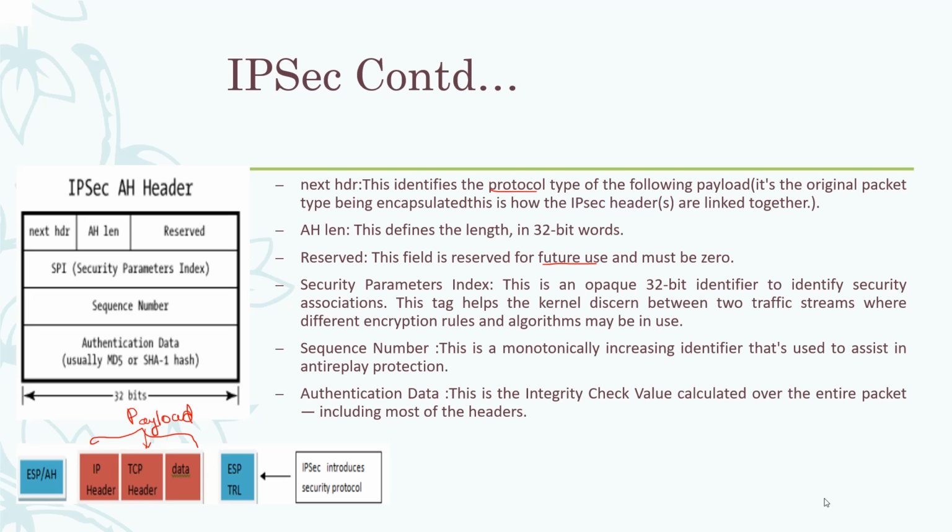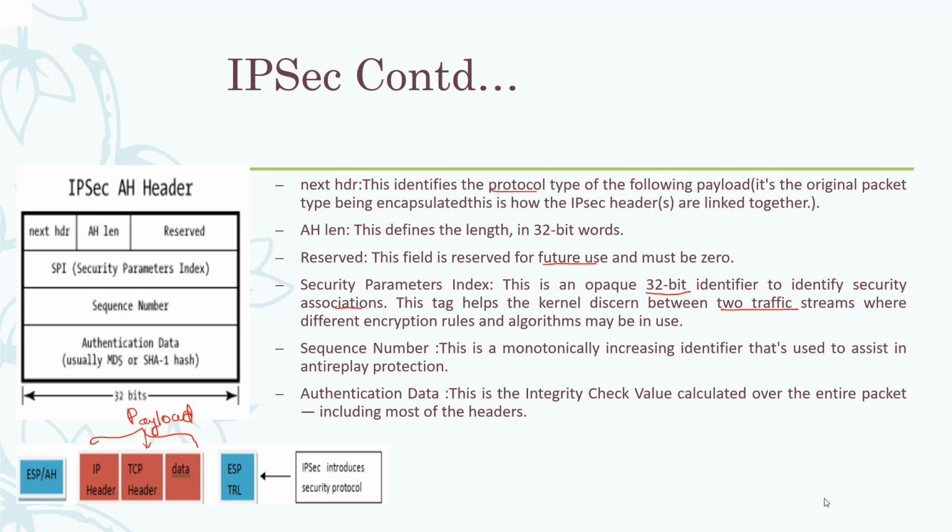Security parameter index. This is a 32-bit identifier to identify the security association. So mainly this tag helps to discern between two traffic streams, because there might be different encryption rules or different encryption algorithms used for the authentication as well as for encryption.